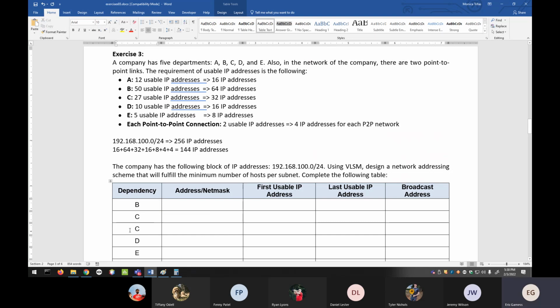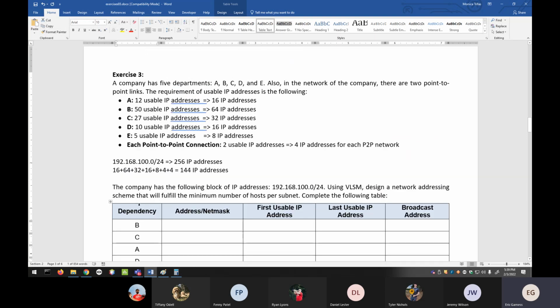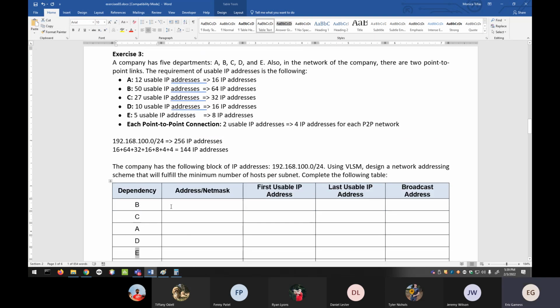A and D. Any order is okay. For A and D, I can do A first, D second, or D first and A second. I will do A, D. After that, what should I do? E, and after that, the 2 point-to-point networks. So I have to do them from the biggest one to the smallest one. Remember that.